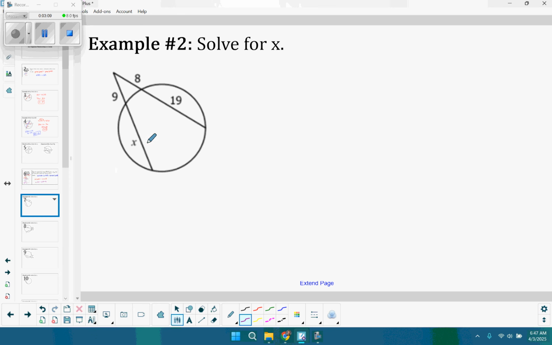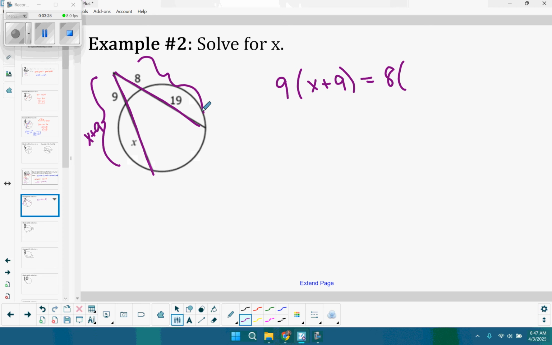So for example, number 2, on this line here, the part that's outside is 9, and the whole thing is these two added up, so x plus 9. For the other line, the part that's outside is 8, and the whole thing, if I combine 8 plus 19, is 27.